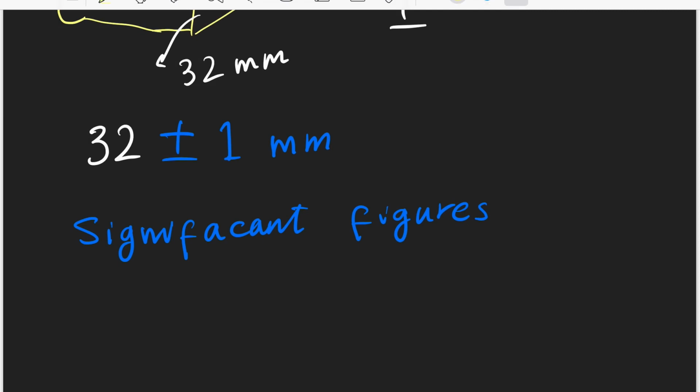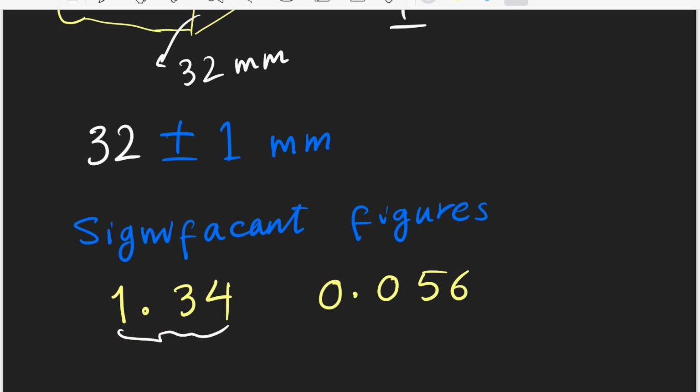As an example, consider these two numbers, 1.34 and 0.056. The first one has 3 significant digits, and the second one has only 2 significant digits.